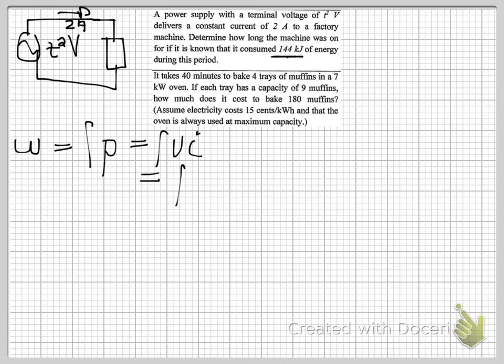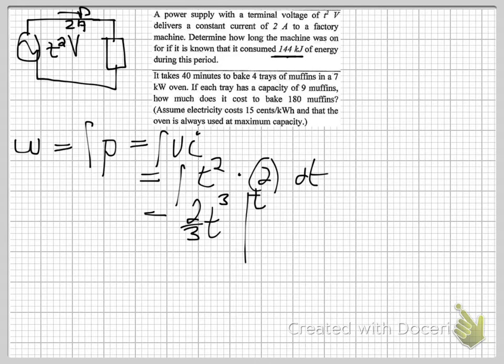So you have the integral of T squared times 2 dt, which gives you 2/3 T cubed, and your condition is to find the value of T starting from 0.